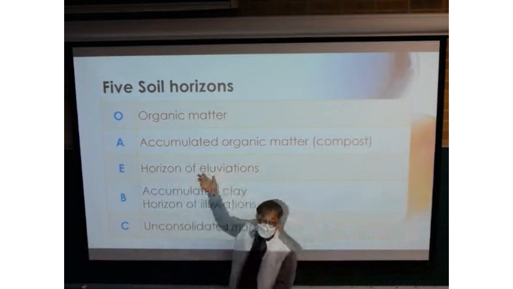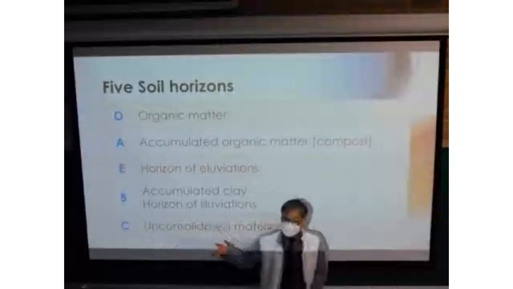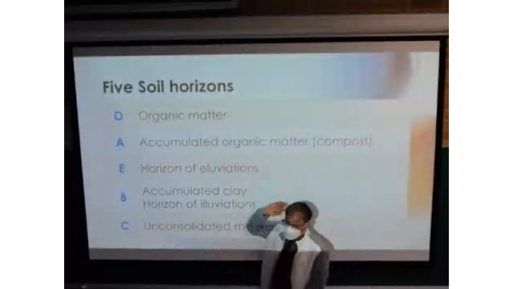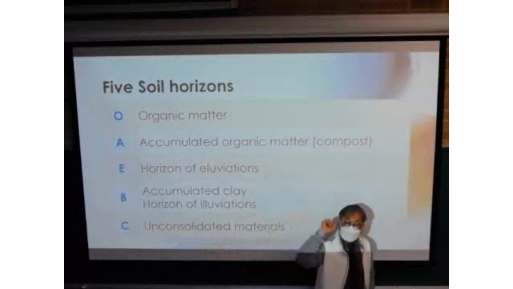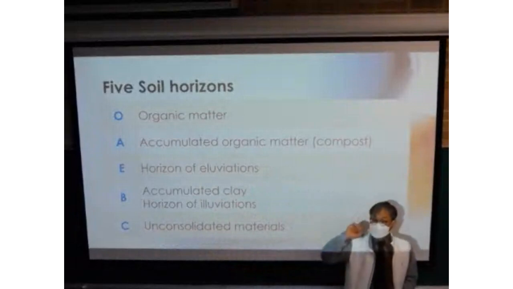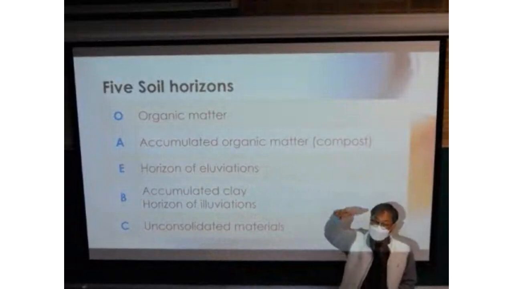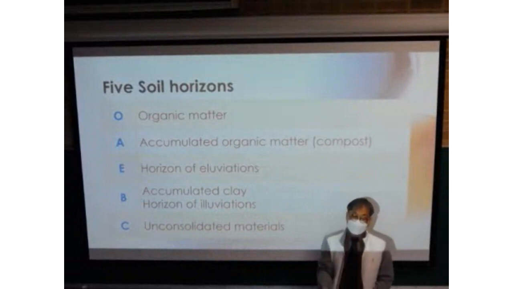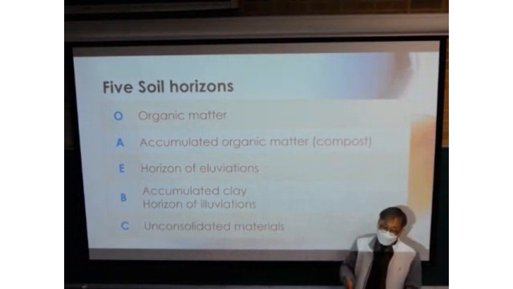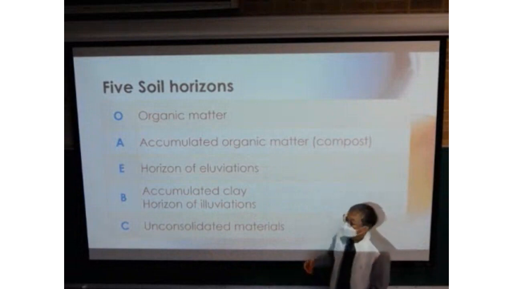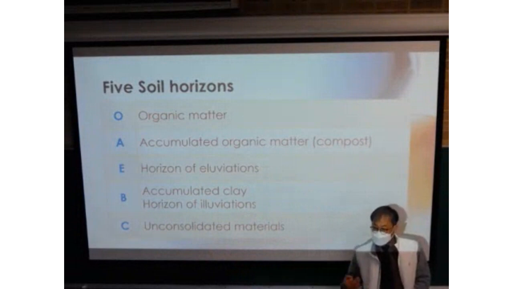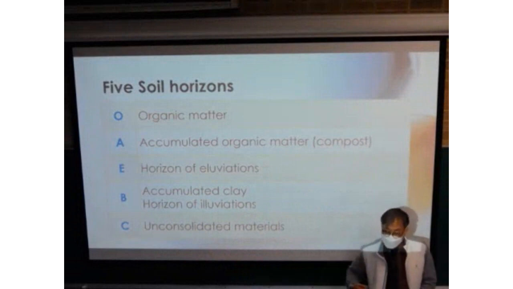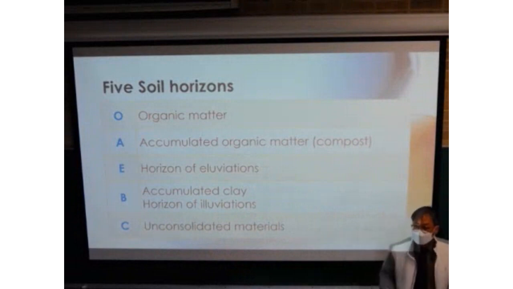How is the E horizon going to occur or form? Well, when the rain and water start to move from the high elevation to the low elevation through the soil profile, the water is going to carry out some small particle sizes with organic matter and mineral.